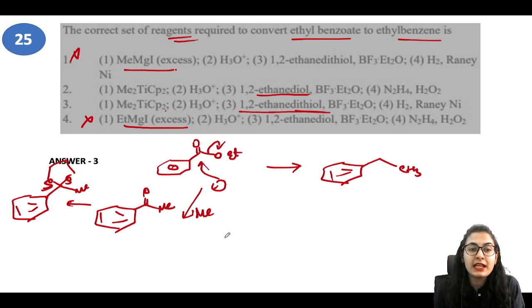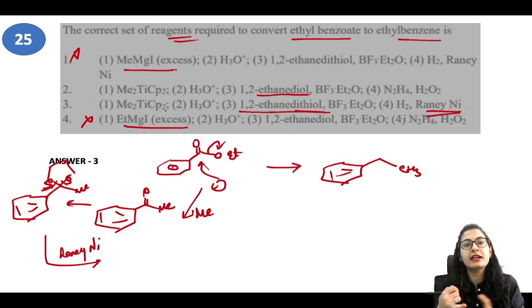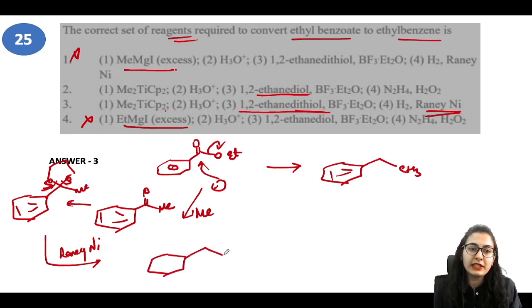Because you see, now you can easily remove, you can easily cut these bonds, desulfurization in the presence of Raney nickel. It's a beautiful application of Raney nickel. It does desulfurization. If you are using mercury and water, it is again going to give you back the ketone. But if you are taking Raney nickel, that completely removes the sulfur bonds, and in place of that, you will have 2 hydrogens.